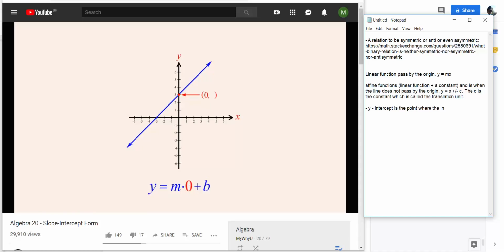This makes the first term in the equation m times 0, which is just 0. So the first term goes away, leaving us with the equation y equals b. Therefore, when x is 0, y must equal b. This tells us that the graph of any equation of the form y equals mx plus b always has a y-intercept with the coordinates 0, b.